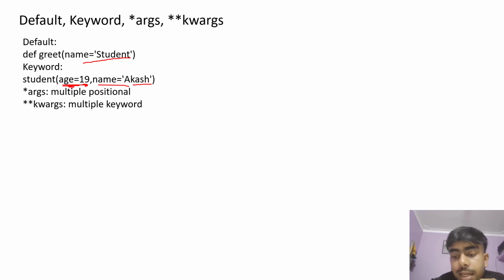Like if your parameter name is a, you have assigned a equal to 10, and you execute print a into a, and when you are calling that function, you assign the value of a as 19. Then when you execute that code, 19 will be executed, not that default value.